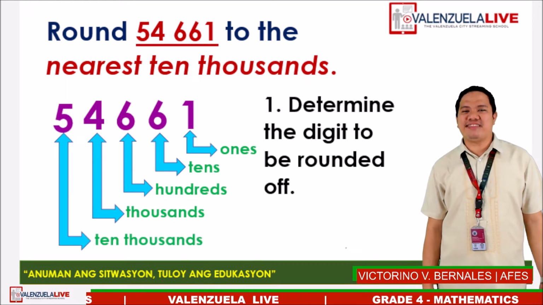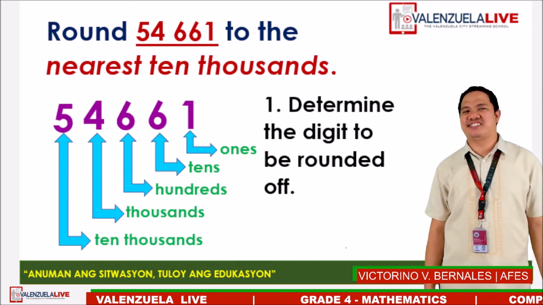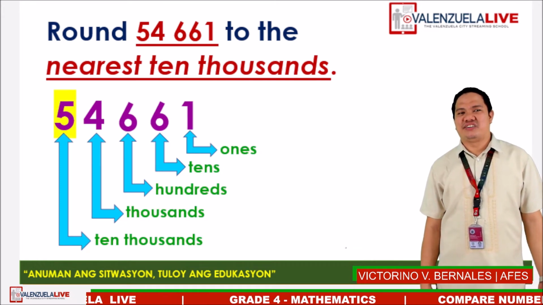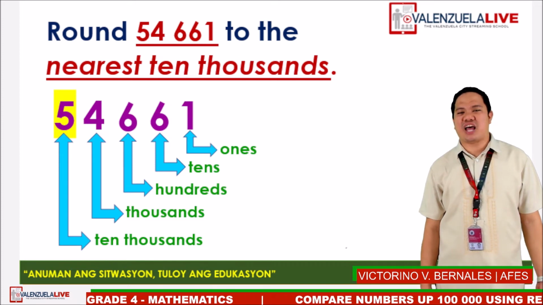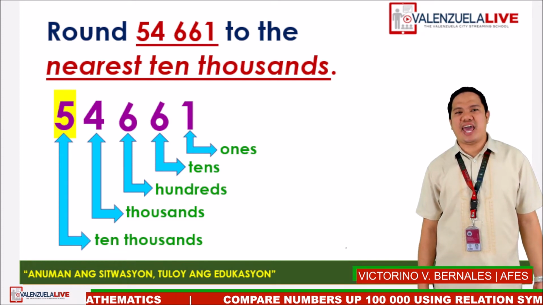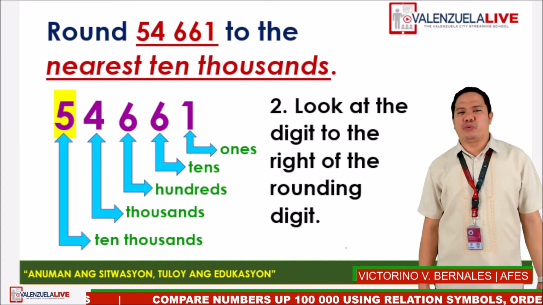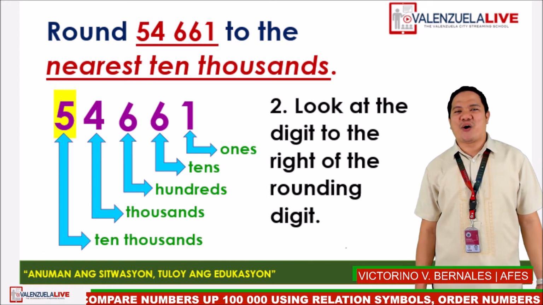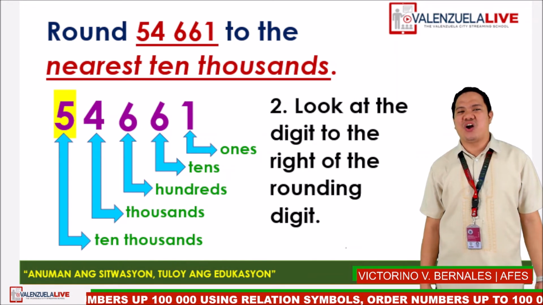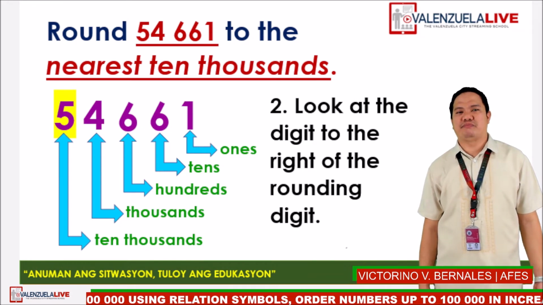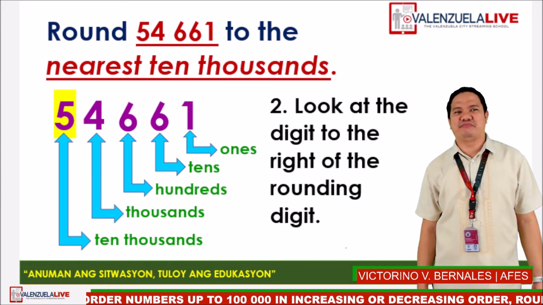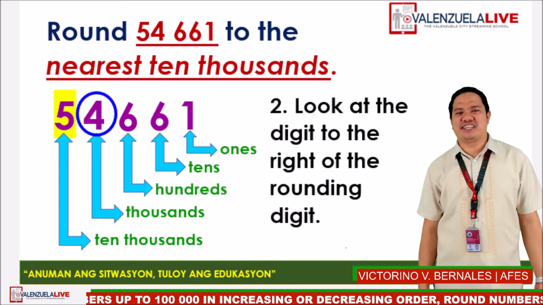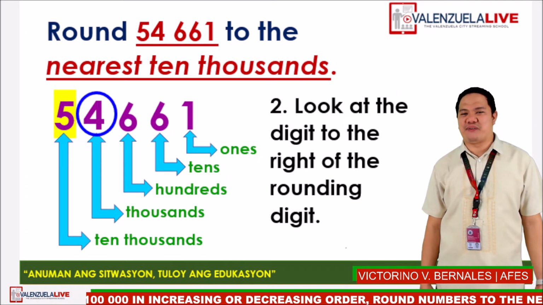Now, what digit is in the 10,000s place? Right. 5 is the digit in the 10,000s place. Then, we need to look at the digit to the right of the rounding digit 5. What is the digit at the right of the rounding digit 5? Great! 4 is at the right of the rounding digit 5.